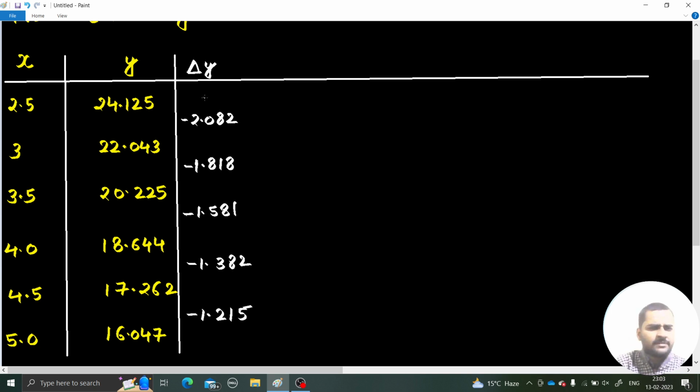We don't have to write in the middle because this is the first value. From the next onwards, we like to write this in the middle.